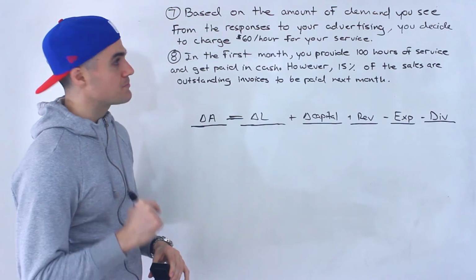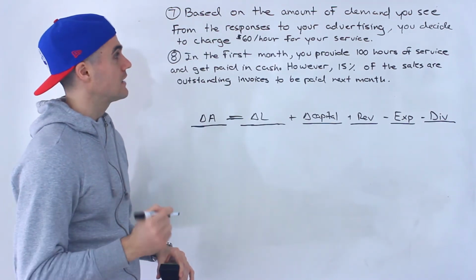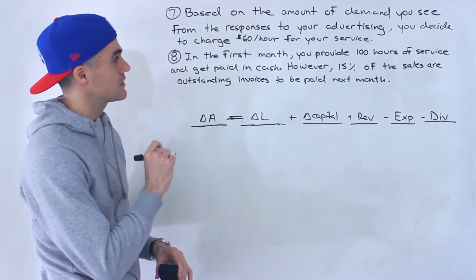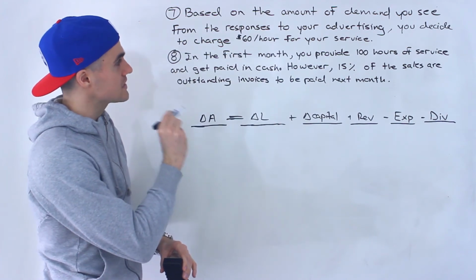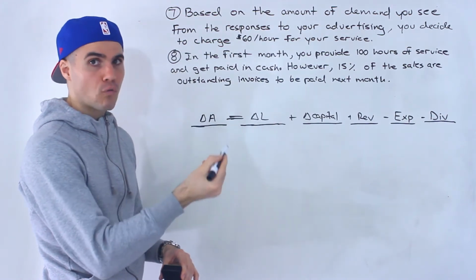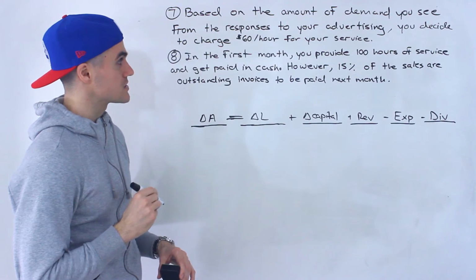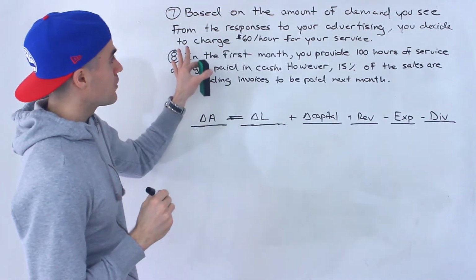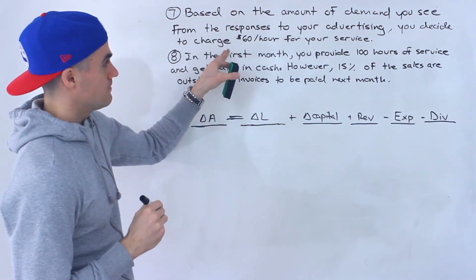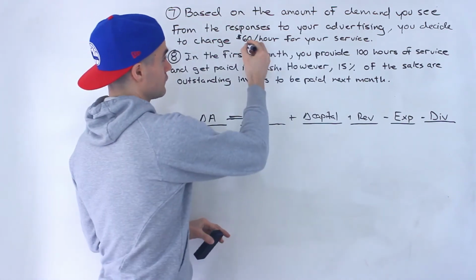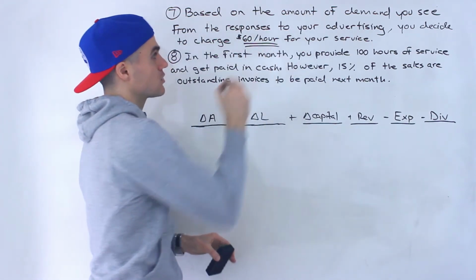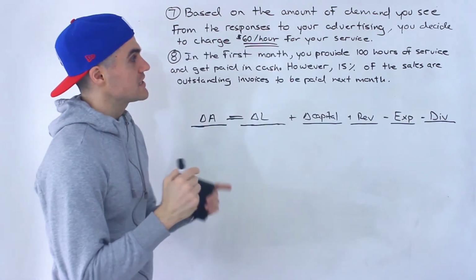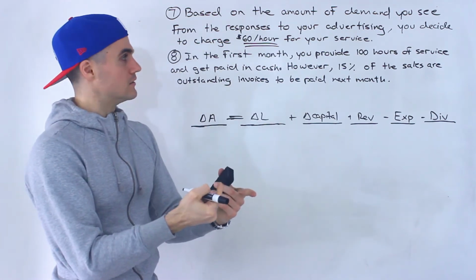So number 7 says, based on the amount of demand that you see from the responses to your advertising, you decide to charge $60 per hour for your service. So notice in this particular description, there is a dollar amount that's given. You're going to be charging $60 per hour. But notice that there's no exchange that's happened.